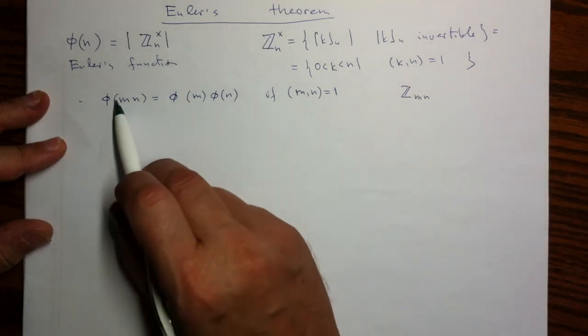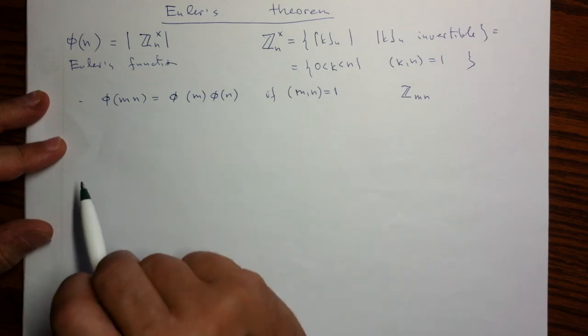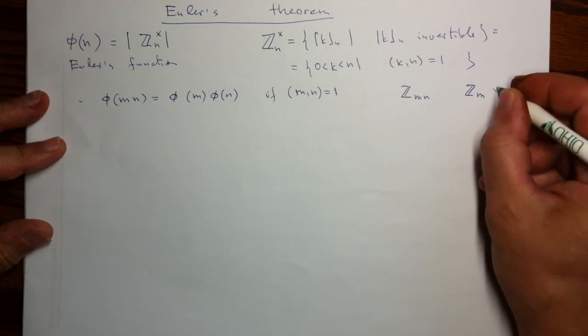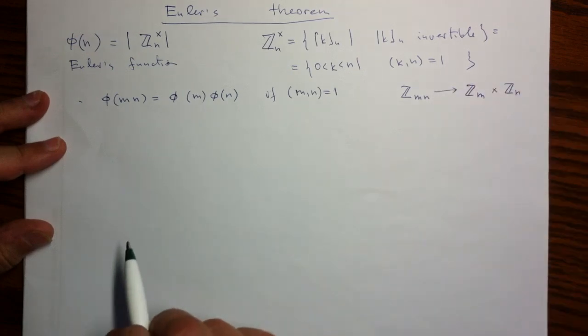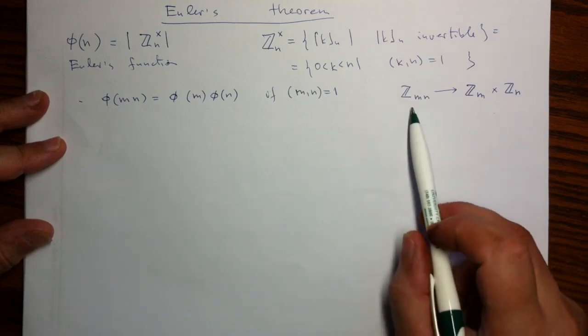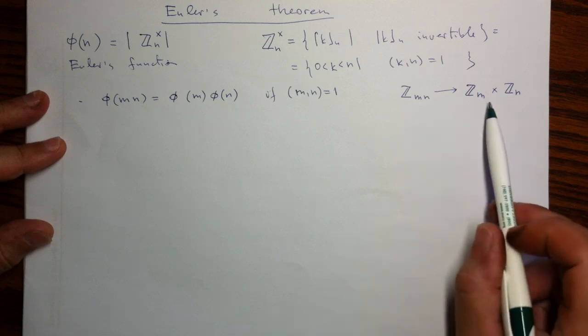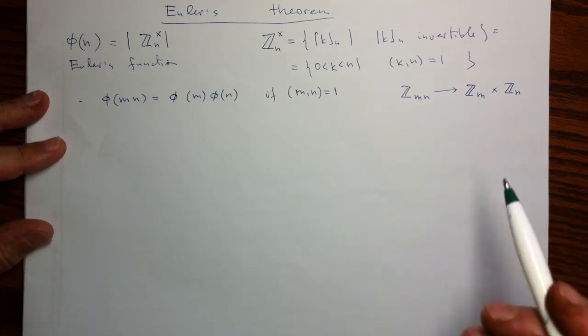We have to compare integers mod a product of two coprime numbers with integers mod the factors. Theoretically, you can frame it as an isomorphism, a bijection between congruence classes mod mn and pairs of congruence classes mod m and mod n.